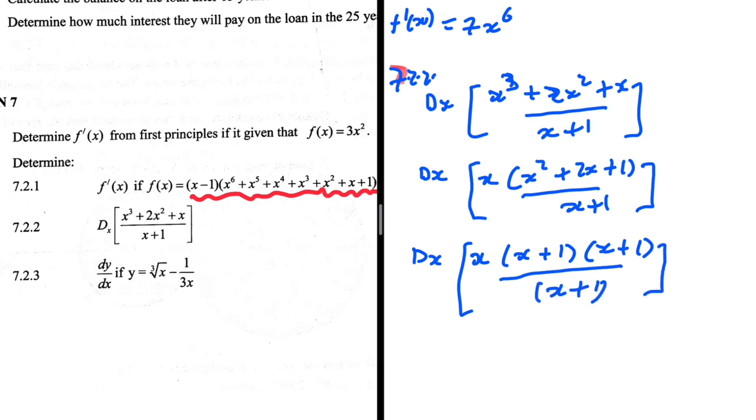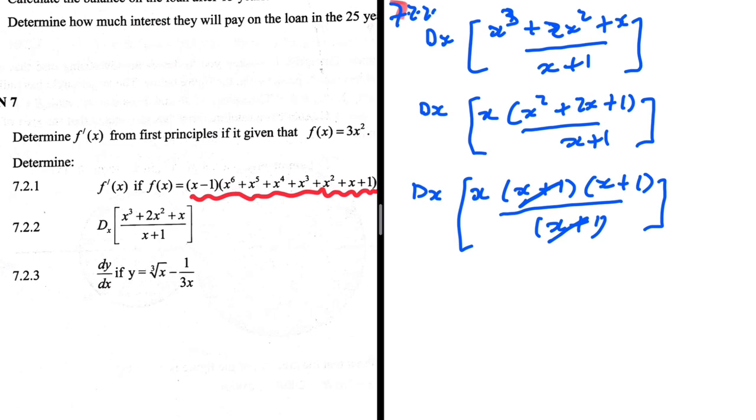Obviously x plus 1 will cancel out with one of the x plus 1s.